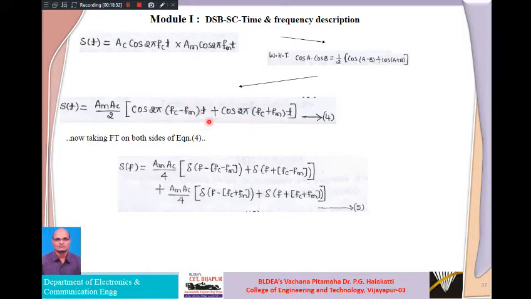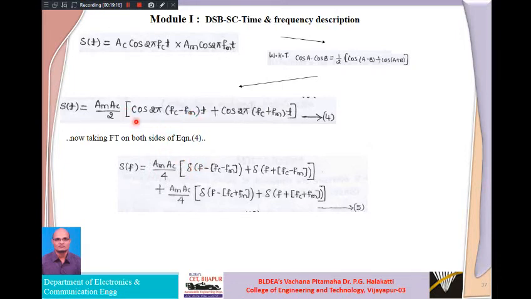Now we can see no carrier is there. Only two sidebands are left, with their amplitude reduced by 2. That is clear. Now if you want to see its spectrum, we apply the FT on both sides. I already told you each cosine factor has its own FT pair in terms of impulses.